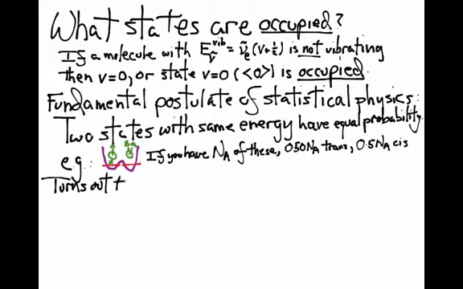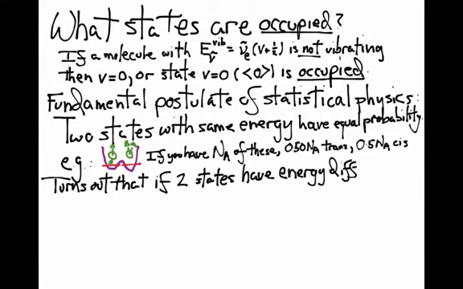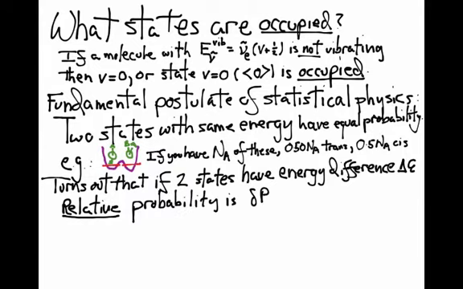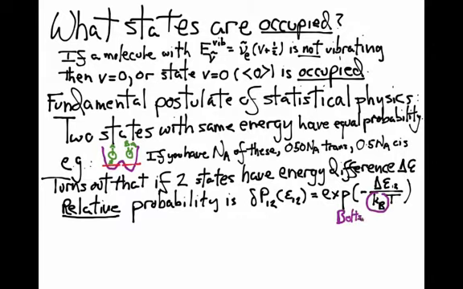Now it turns out, and actually you can derive it from that by putting this thing in a heat bath, that if two states have different energies, and let's call that energy difference delta E, then the relative probability of those two states being occupied is given by this term. The difference in probability is an exponential, and it goes like e to the minus the energy difference of the two states divided by kT, where k, or k sub B, is the Boltzmann constant.